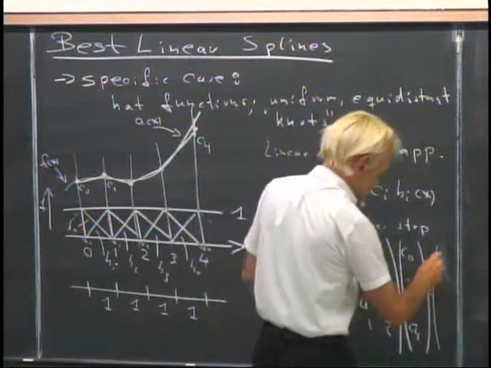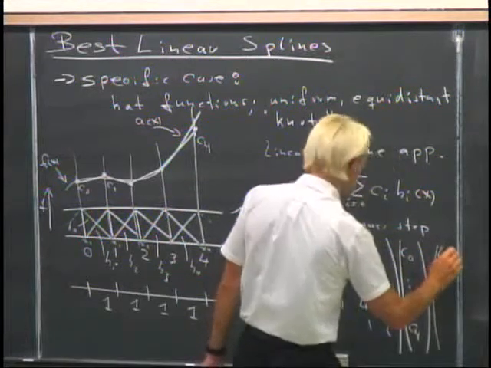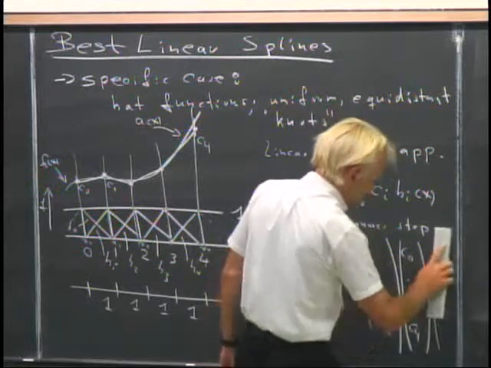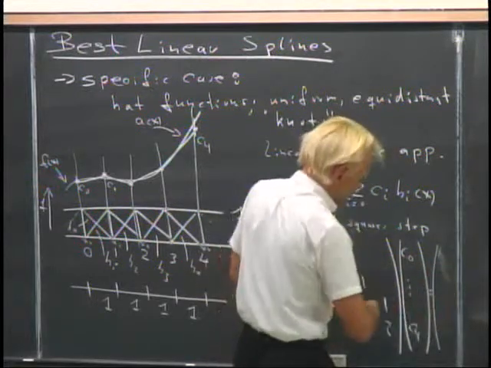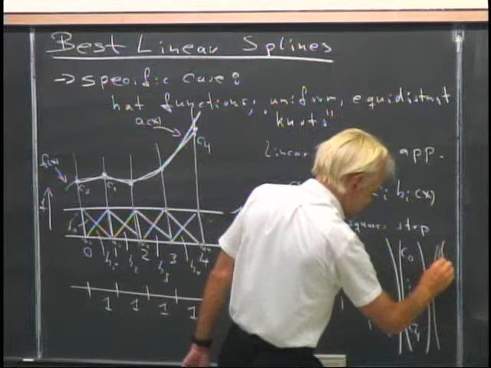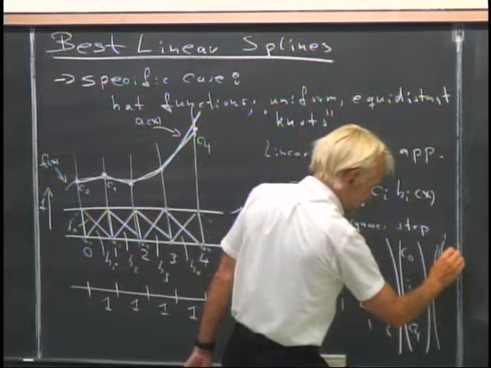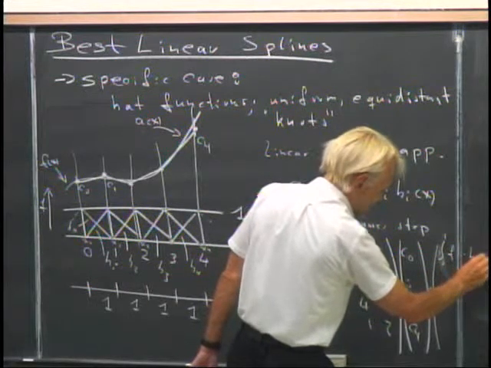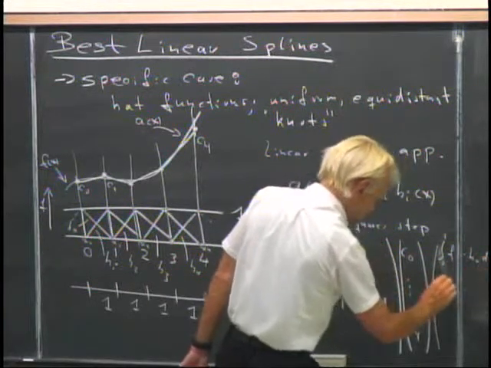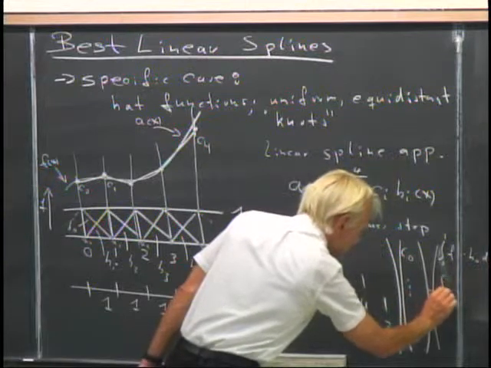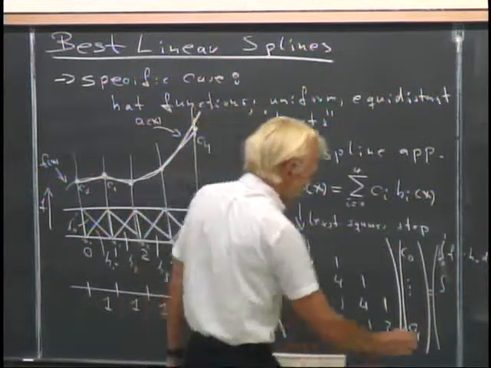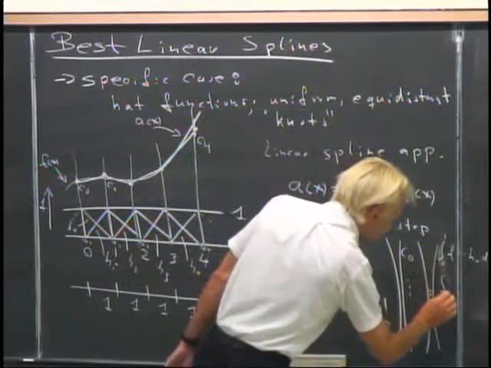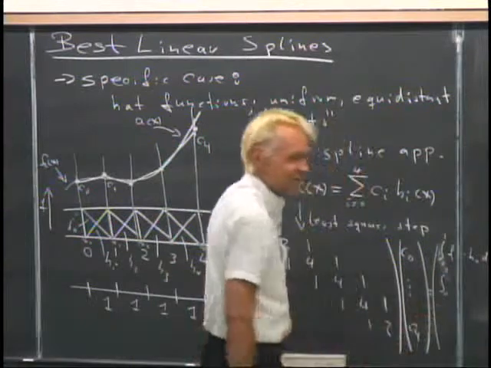So I just say it's the inner product between the, no, I can do that. It's okay. The first one is just the integral from 0 to 1 of the given function f times the first hat function there, which is h0, dx. The next one would be the integral from, what is it? From 0 to 2. Why do I go from 0 to 2 now?